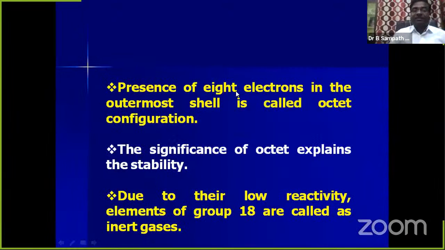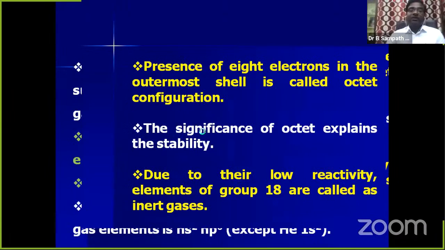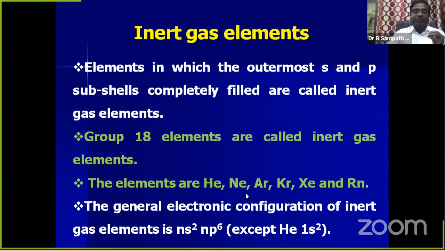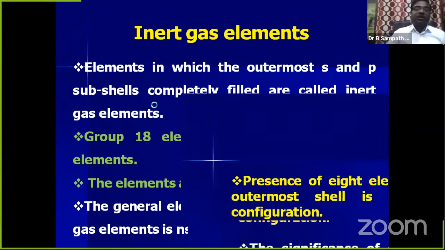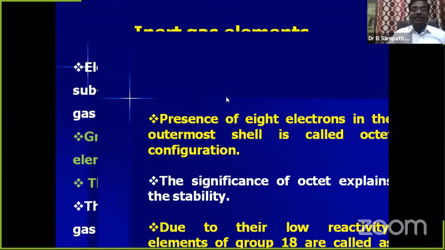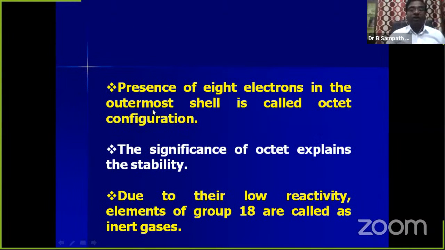The presence of 8 electrons in the outermost shell is called octet configuration. See children, what is the inert gas elements' general electronic configuration? ns2 np6. How many electrons in total? 2 plus 6, totally 8 electrons are there. The significance of octet is that it explains the stability.